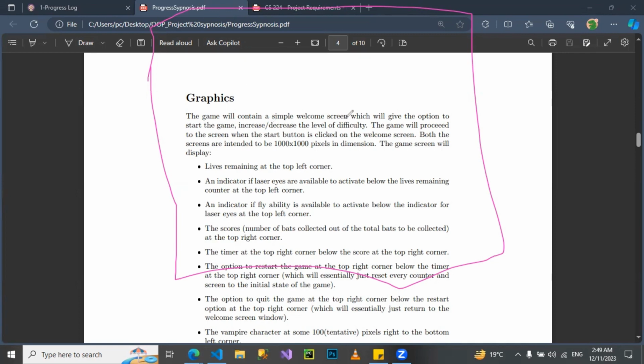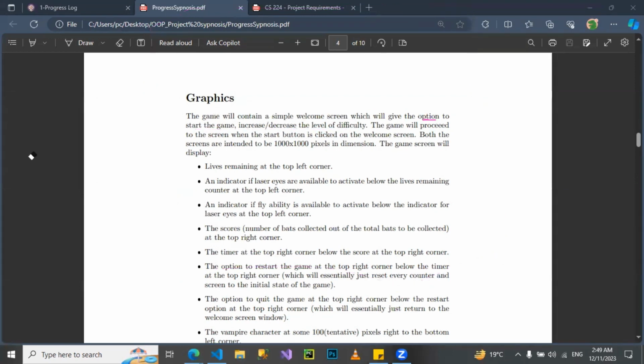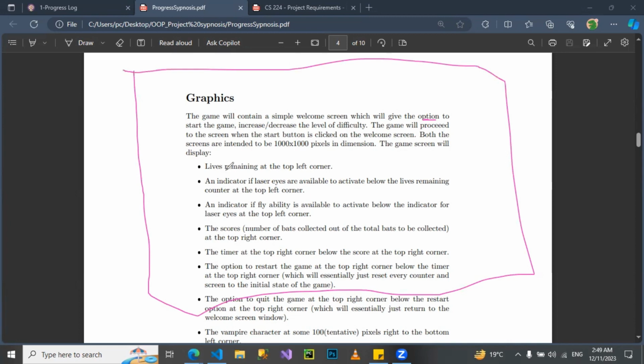In the start screen, I will have the button to start the game and to increase or decrease the difficulty level of the game. In my game screen, whenever I start the game, I will have a number of lives remaining counter at the top, an indicator if laser eyes is available to use below that, and an indicator if fly ability is available to use below that.